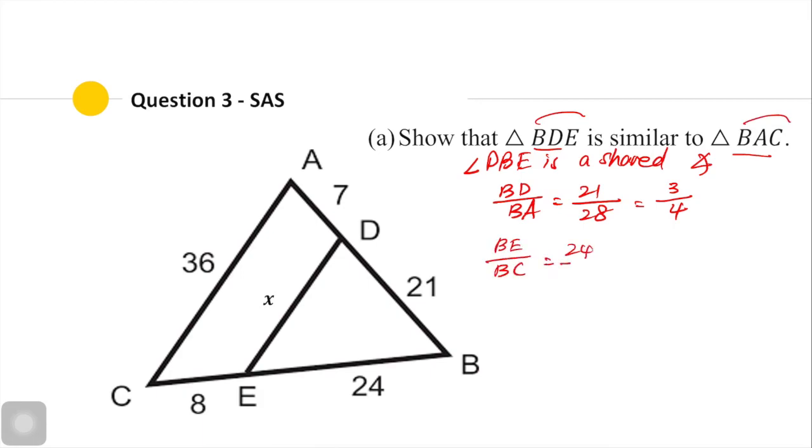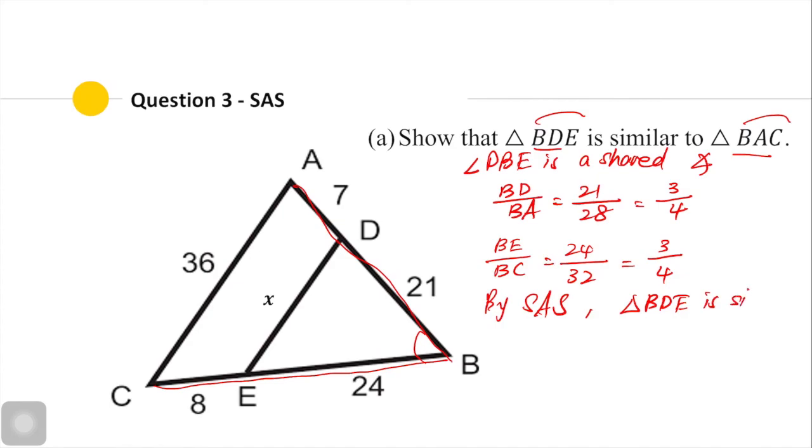So we have 24 over 32 divided by 8. So we also have 3/4, which means that by side angle side, this side, this angle, and this side, we can confirm that triangle BDE is similar to triangle BAC.